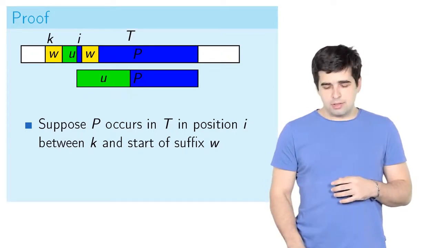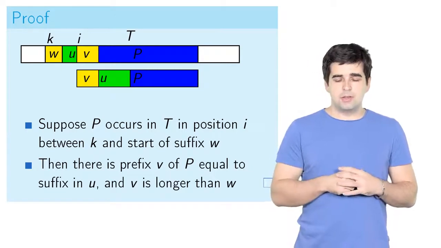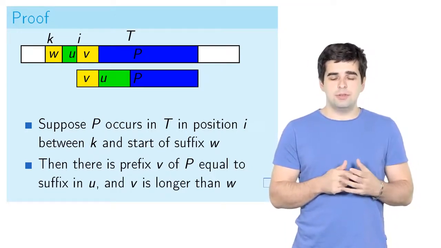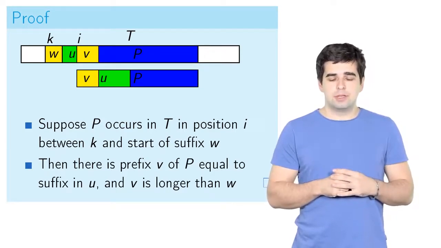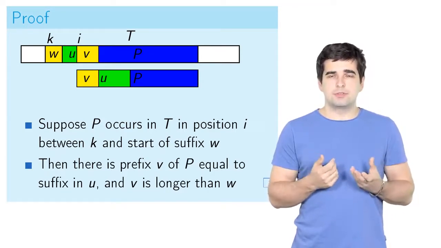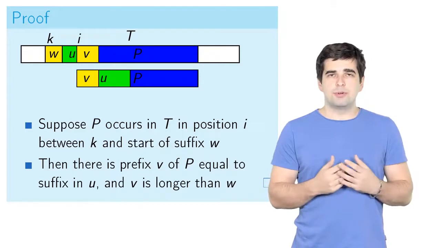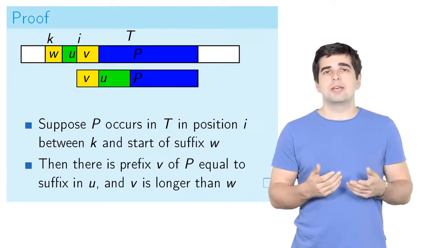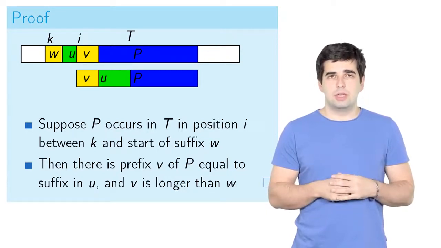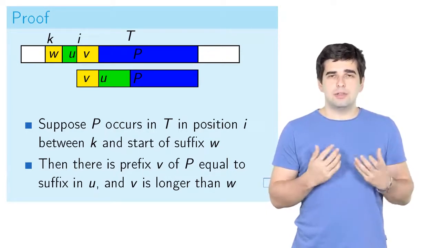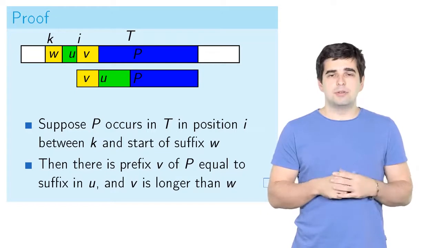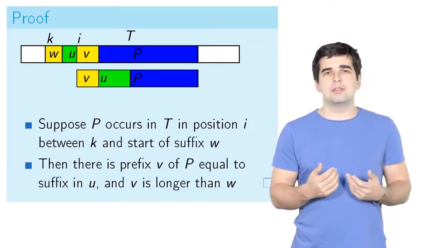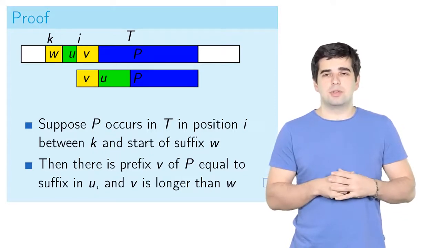Then we can notice that there is a prefix v of the pattern that is also a suffix of u in the text. And so this string v, which is both a prefix of p and a suffix of u, is actually both a prefix and a suffix of u. And also this v is longer than w because it started before w in the text and ended in the same position as the right w in the text.